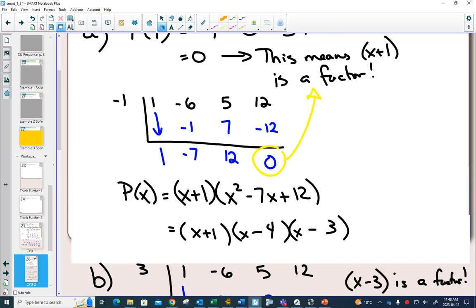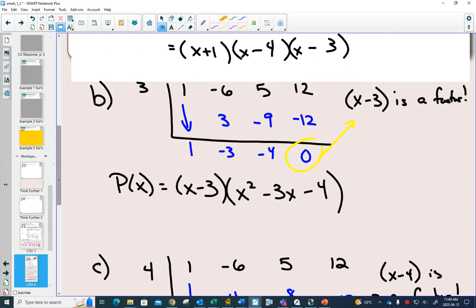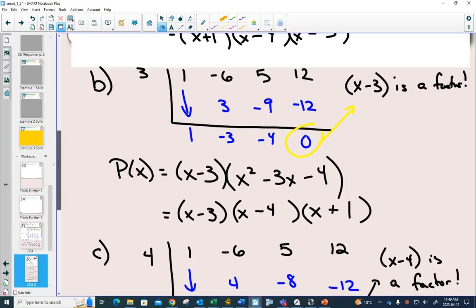The question is, does it matter which one you find first? The answer is no. Look at the second one. If you found the x minus 3 first, and then you factor this quadratic, you'd have x and minus 4 and plus 1. You'd get the same factors, just in a different order. And same thing with the last one.